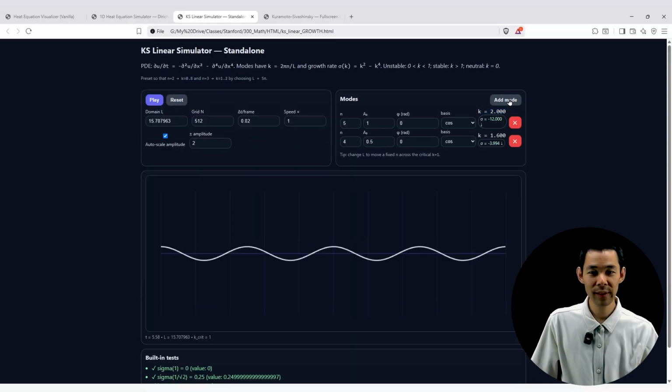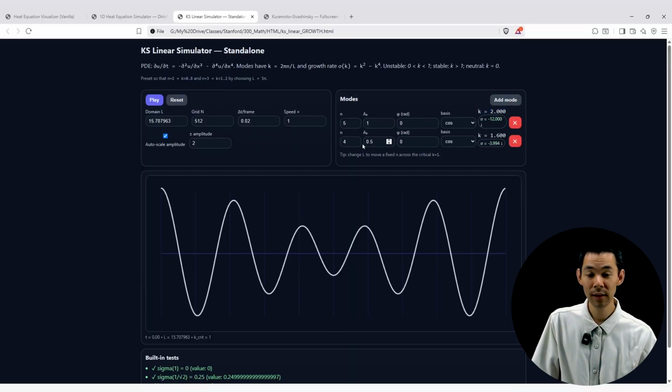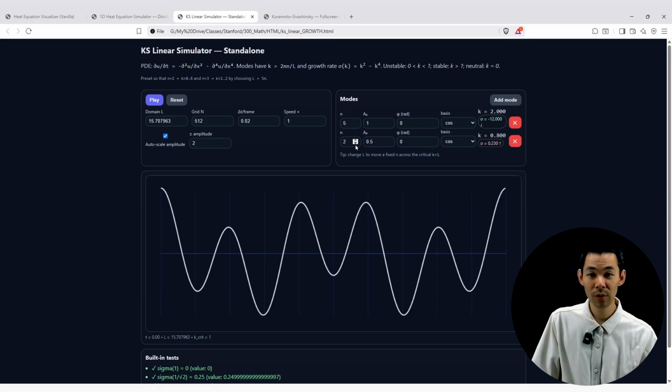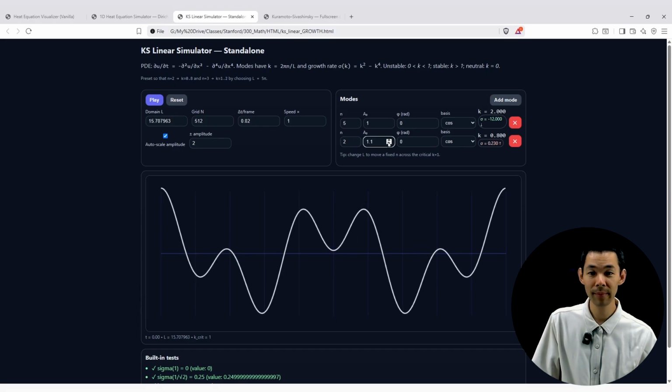But if I were to, for example, add another mode, let's see here. I'm going to add another mode of n equal to 2. I'm going to change the amplitude to 1. This is a mode of 2, which has a k value equal to 0.8.